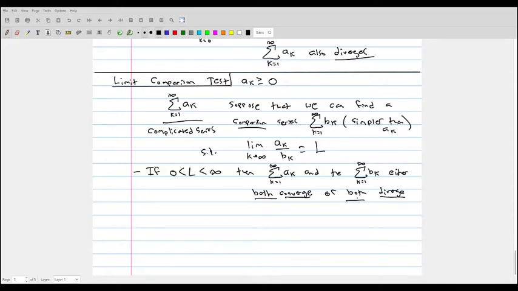And so if the limit of the ratios of the terms in these series is equal to a positive real number between 0 and infinity, then the ak series has to do the same thing as the bk series, which means that bk is a simpler series than ak, so it's easier to evaluate the convergence or divergence of it. And the idea is that if you can show that bk diverges, then ak must also necessarily diverge, and vice versa.